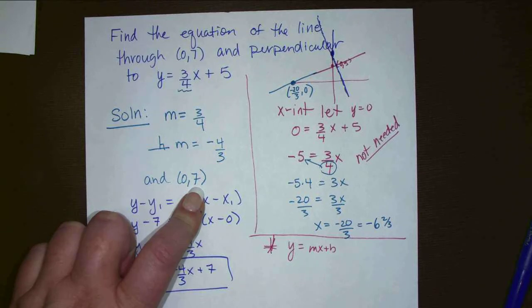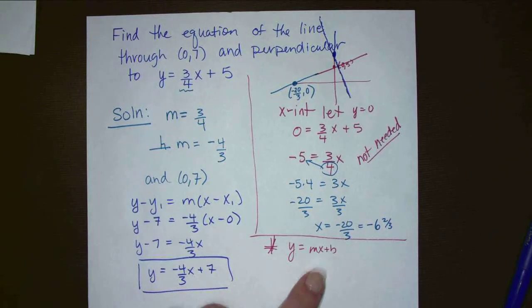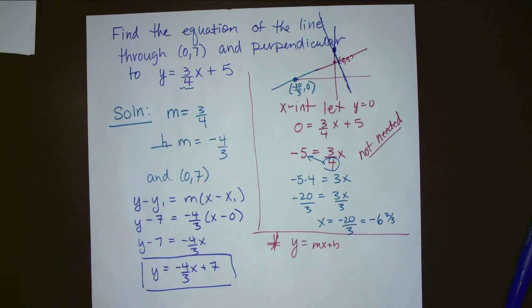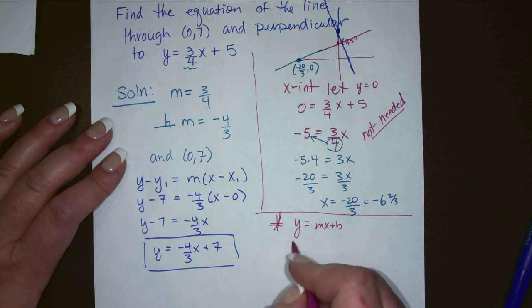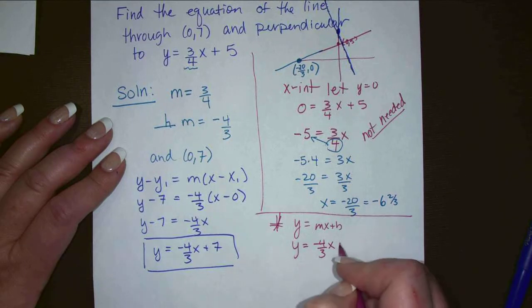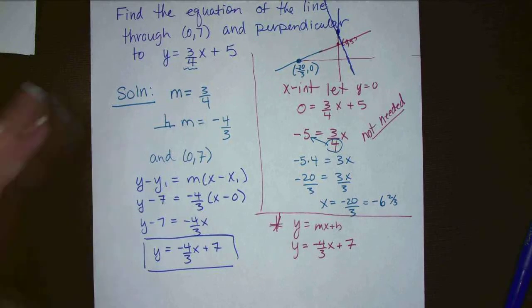So we could have jumped right to this form. Do you see it? There's the slope and the y-intercept. We didn't need to plug it in to figure it out. If you're given the y-intercept, you can just plug directly into this. So we'd say, okay, well, the slope we want is minus 4 over 3x plus the intercept is 7.